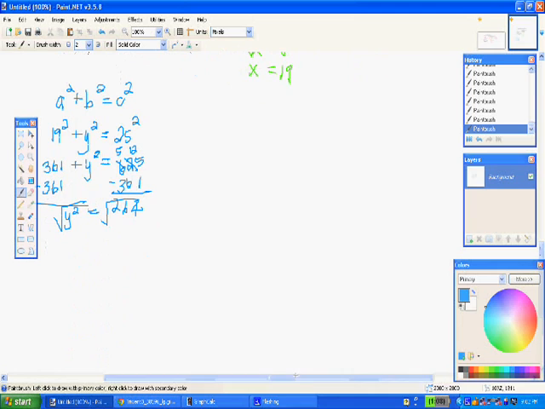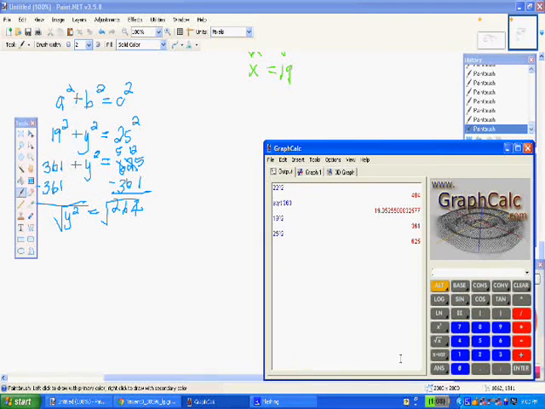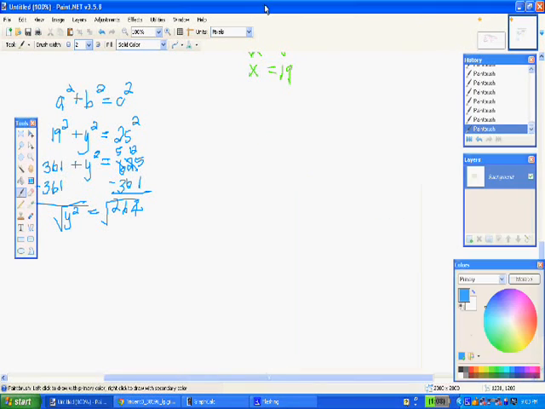And let's see what we get. About 16.25 or 16.2. Let's round it to about 16.